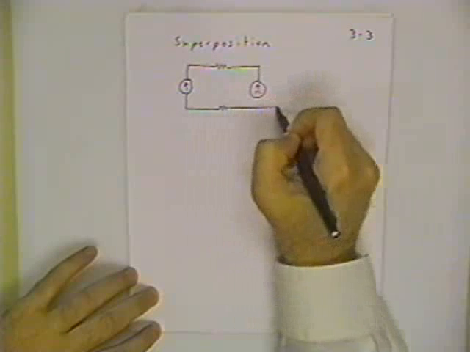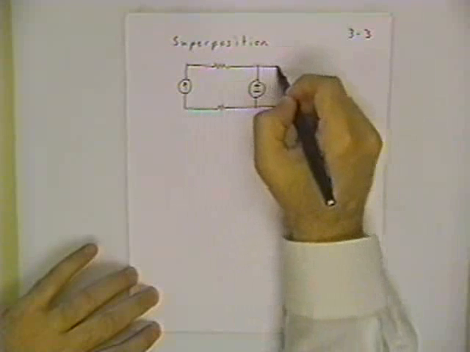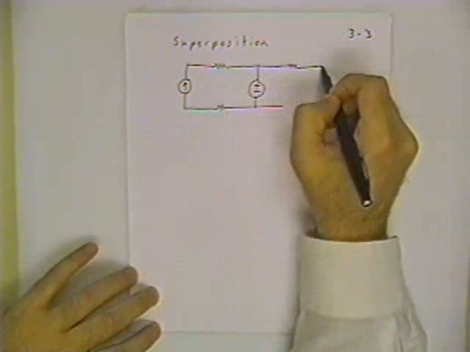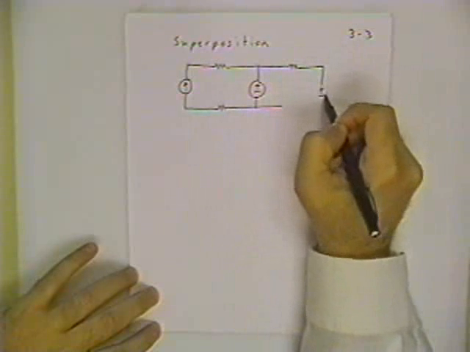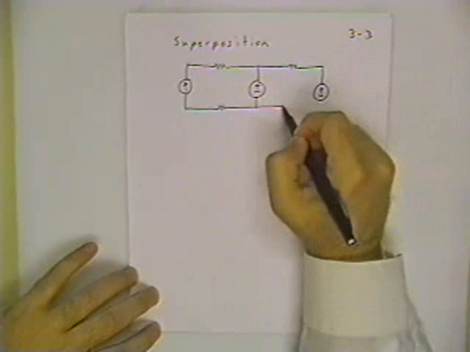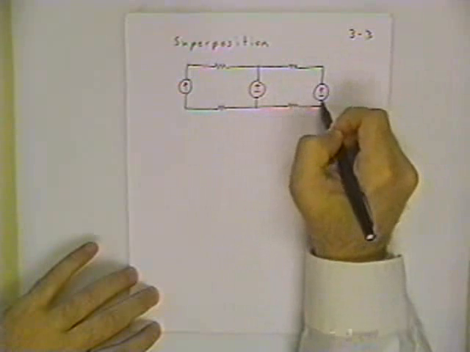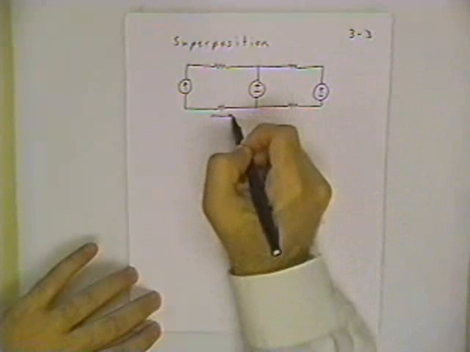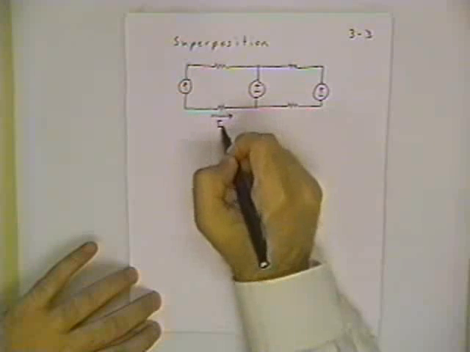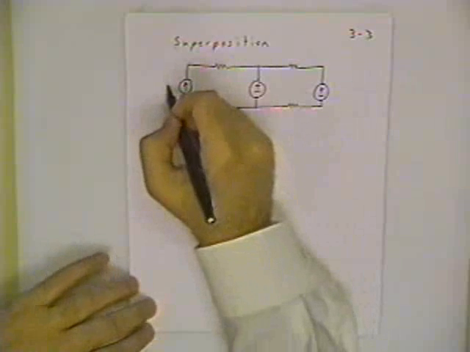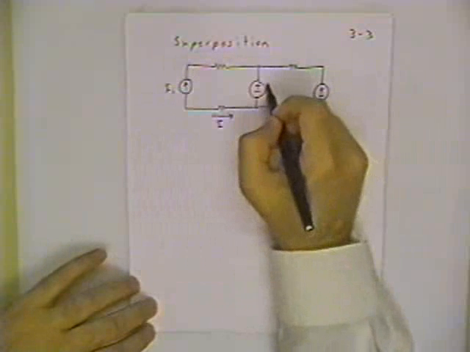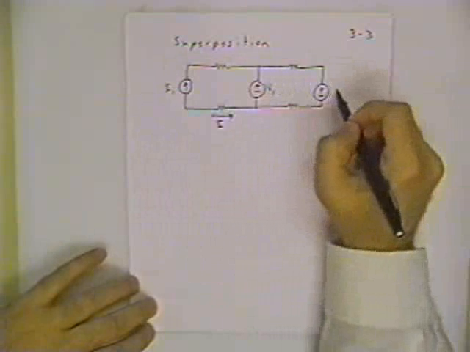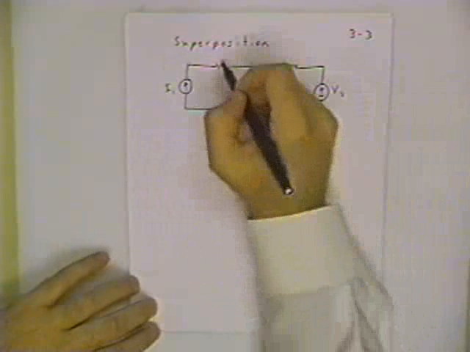So if I have a moderately complicated circuit like this one, and I want to focus on, say, the current in this resistor. Let's say this is the target of our calculation, is to calculate that current. And this is I1 source, and this is V1, and this is V2.